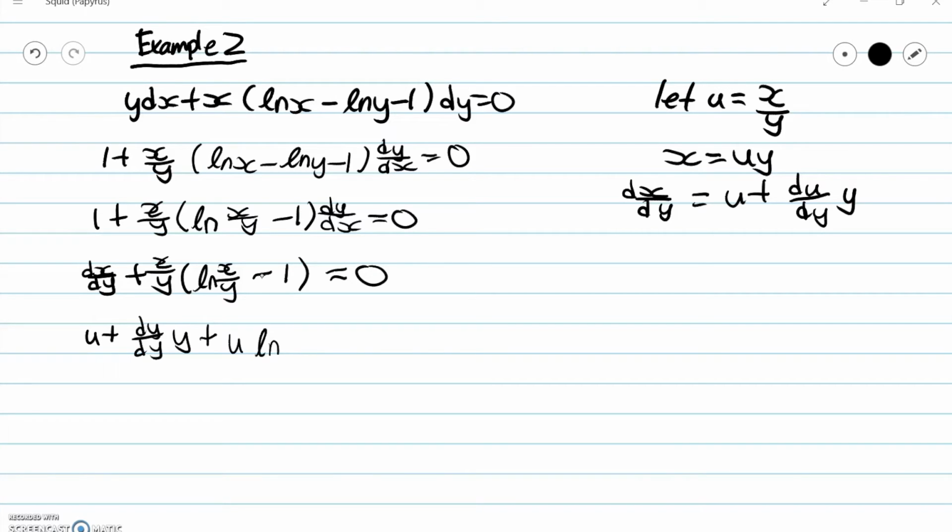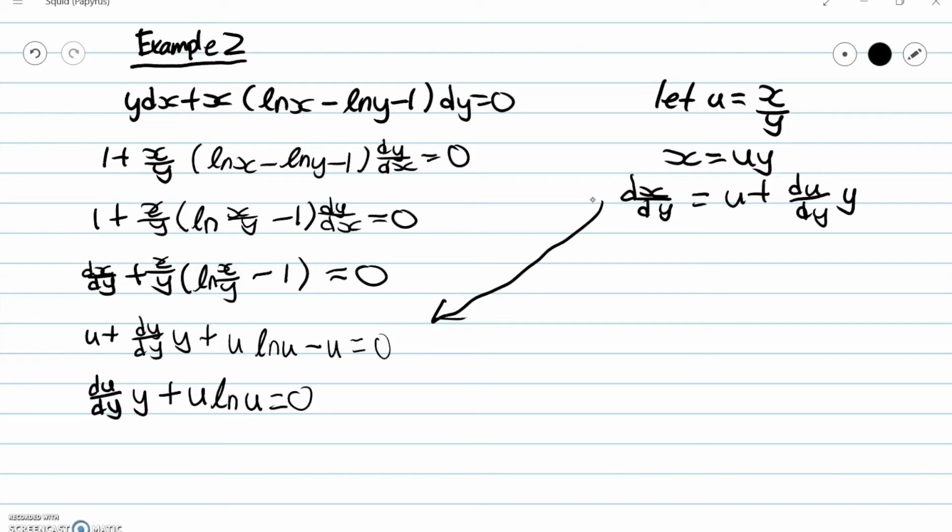So we plug it in. So u plus y du/dy plus u ln u minus u equals 0. U is then cancelled, so y du/dy plus u ln u equals 0. We then take u ln u to the other side, making it negative. By doing so, we can just divide by y and u ln u, which gives us du over u ln u equals negative dy over y.